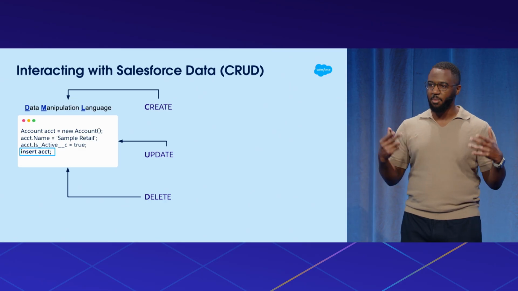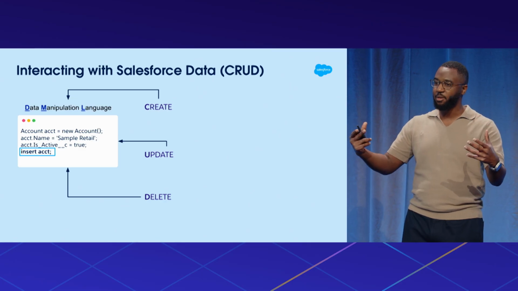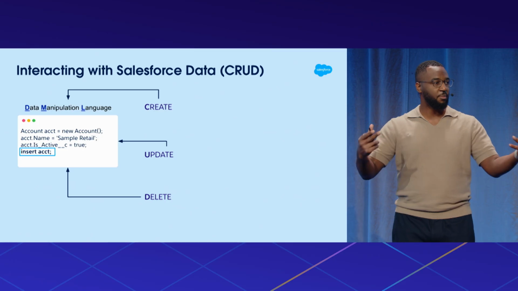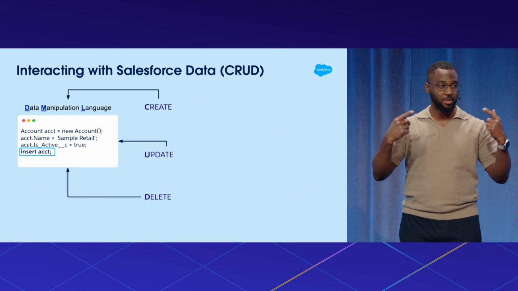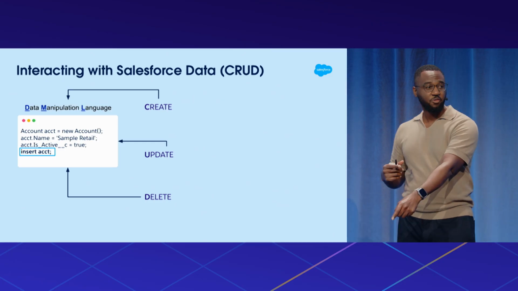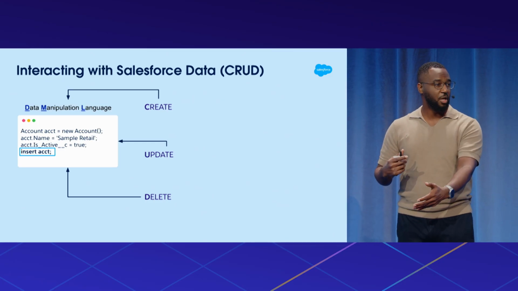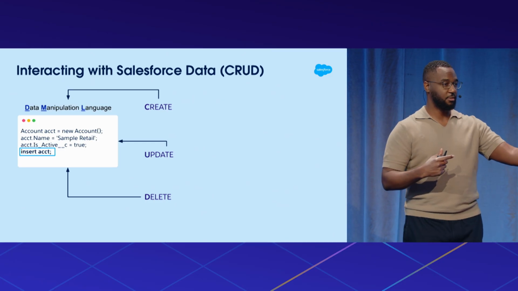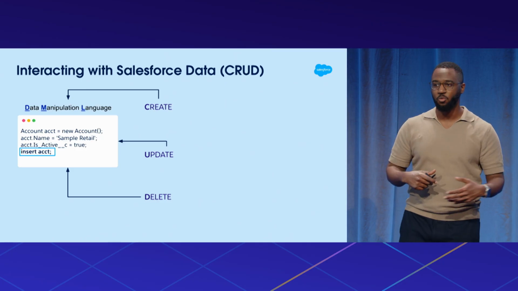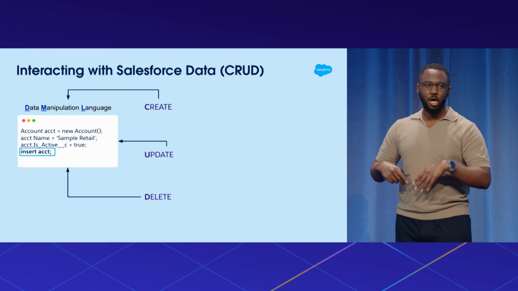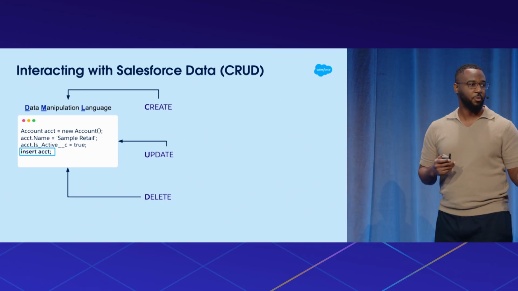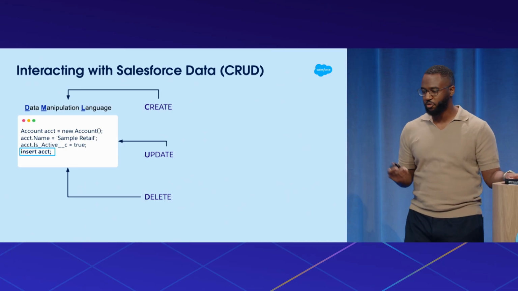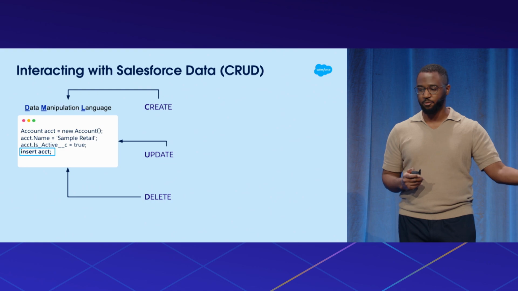And in order to make the data actually persist inside of Salesforce, you use DML to create a transaction, an update, or create that record. So that insert account creates an account. If we wanted to delete it, we'd say delete account. If we wanted to upsert it, we'd say upsert, right? And if we wanted to update it, we'd have update account. It's really, really simple, but very, very powerful.